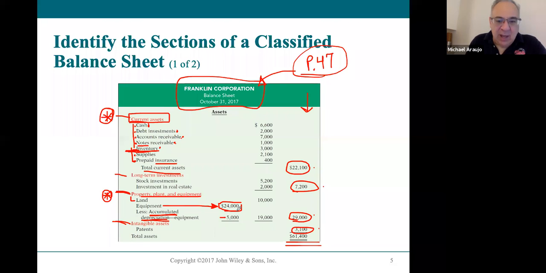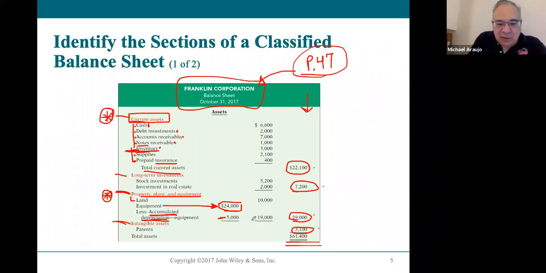We bought a piece of equipment for $24,000. We've already been using it for some time, because we have already depreciated $5,000 of it. In other words, we've used up $5,000 of value from that equipment to sell our goods or services.